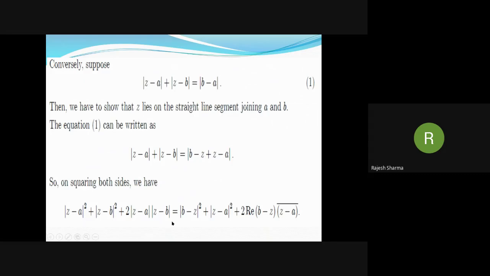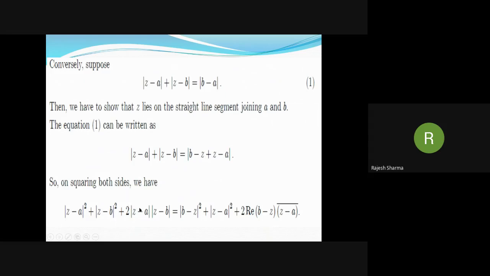The square is this, and we can square this by using the relation |Z1 + Z2|^2 = |Z1|^2 + |Z2|^2 + 2 Re(Z1 Z2 bar). So we have this equation.